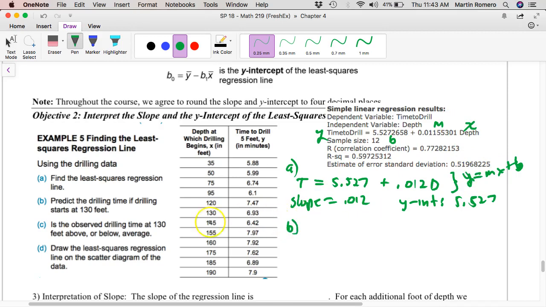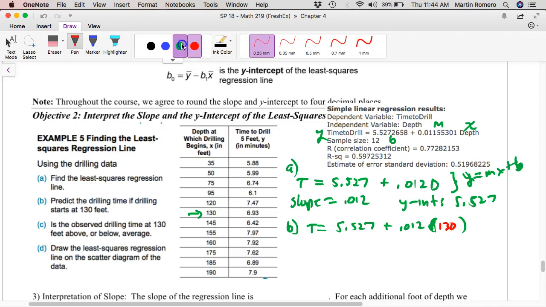Okay, part B: predict the drilling time if drilling starts at 130 feet. We have 130 feet here, so we have a value. What would our time be if we predicted? Time would be 5.527 plus 0.012, and then in parentheses I'm going to put 130.